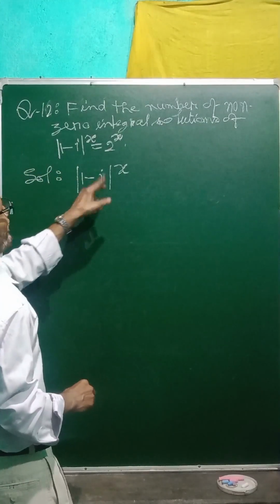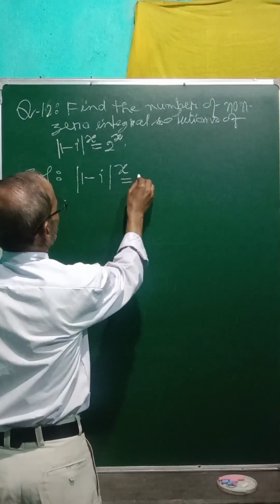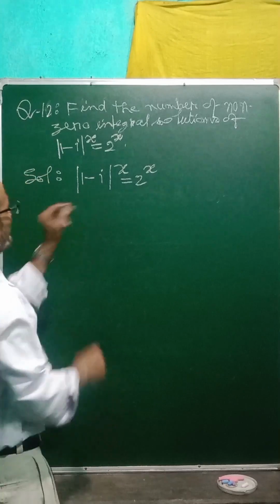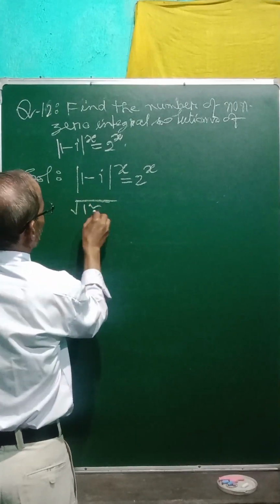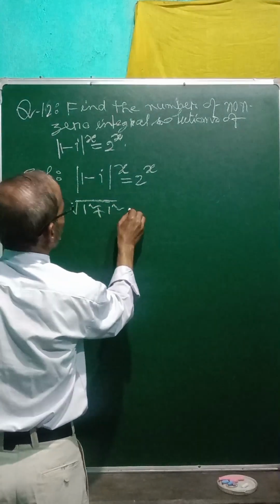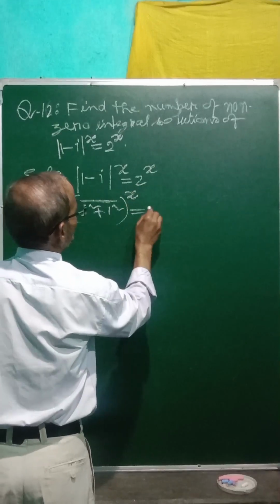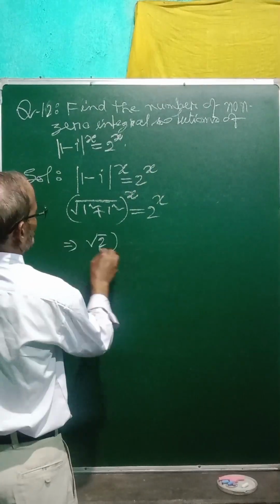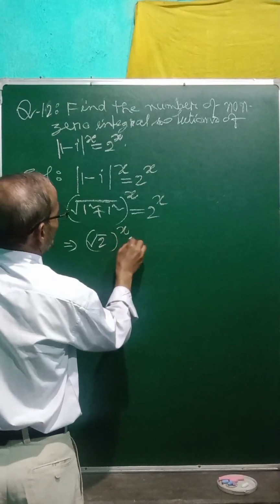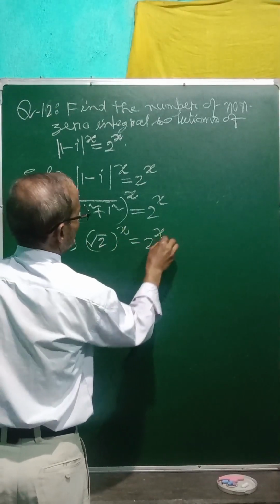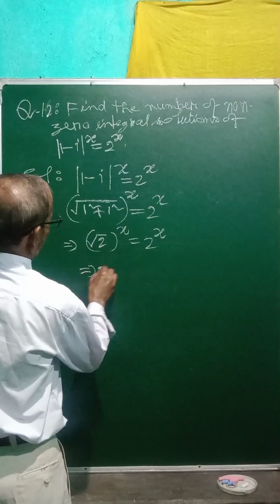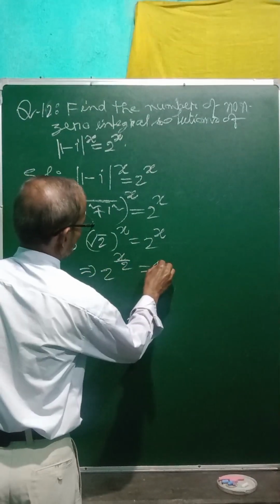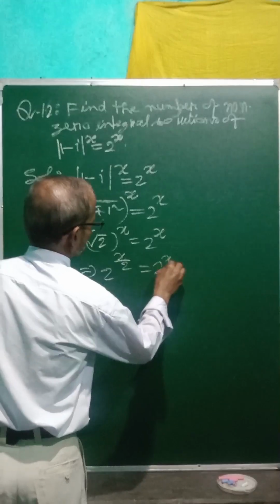Modulus of (1 − i) to the power x equal to 2 to the power x. Now this modulus means (1² + 1²) to the power x equal to 2 to the power x, implies root 2 to the power x equal to 2 to the power x, implies 2 to the power x/2 equal to 2 to the power x.